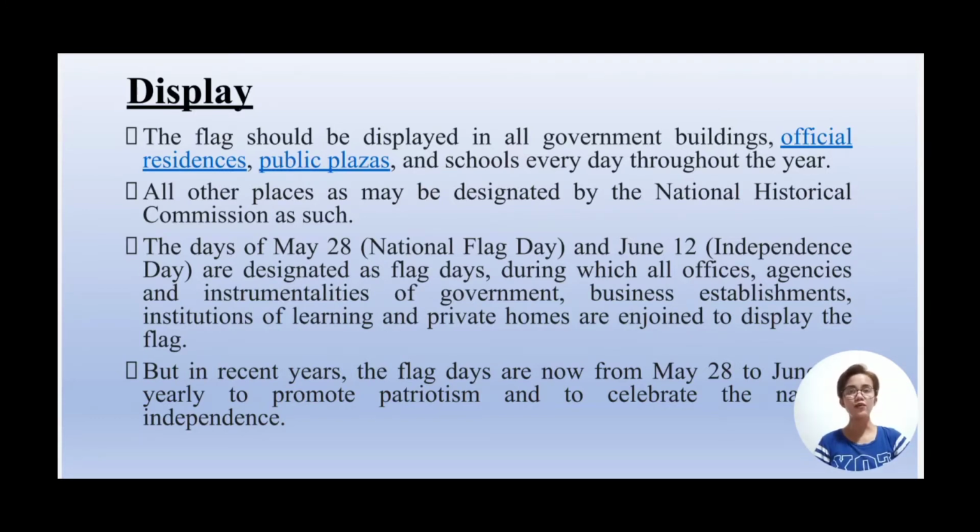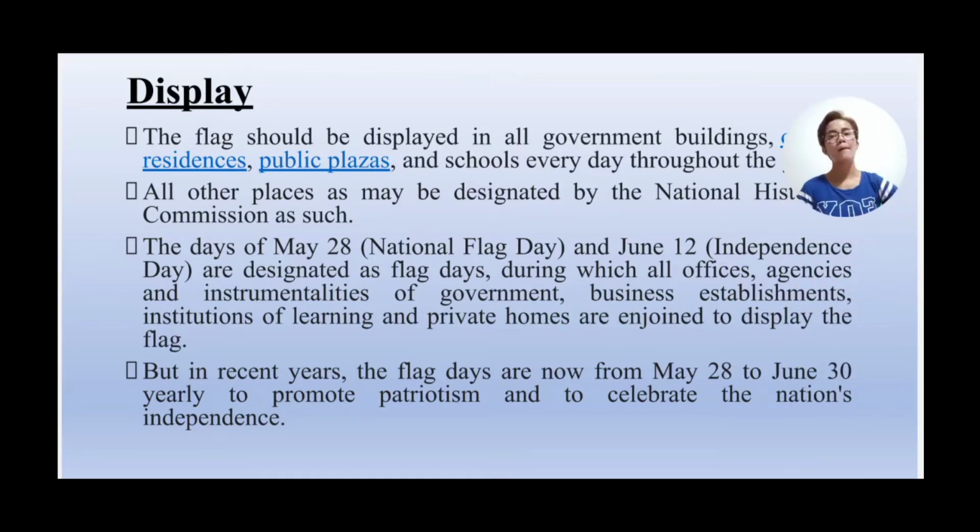The days of May 28, National Flag Day, and June 12, Independence Day are designated as Flag Days, during which all offices, agencies, and instrumentalities of government, business establishments, institutions of learning, and private homes are enjoined to display the flag. But in recent years, the flag days are now from May 28 to June 3 yearly to promote patriotism and to celebrate the nation's independence.